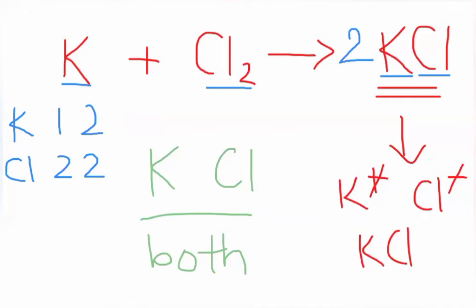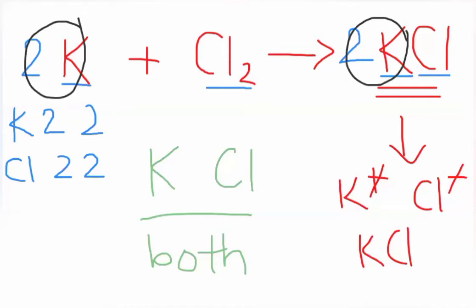So I can just add another 2 over here. And so I get 2K. So the potassium on the left hand side also becomes 2. And now it's balanced. I have 2 potassium atoms on the left hand side, 2 potassium atoms on the right hand side, 2 chlorine atoms on the left hand side and 2 chlorine atoms on the right hand side.